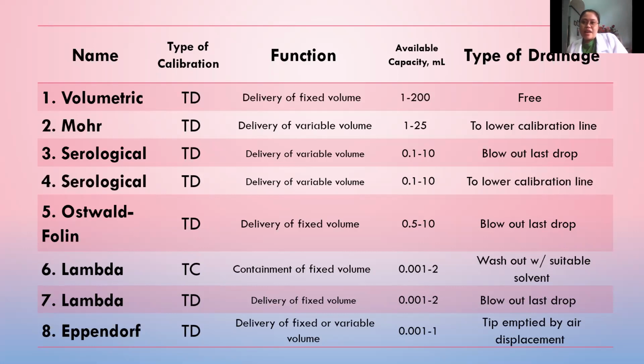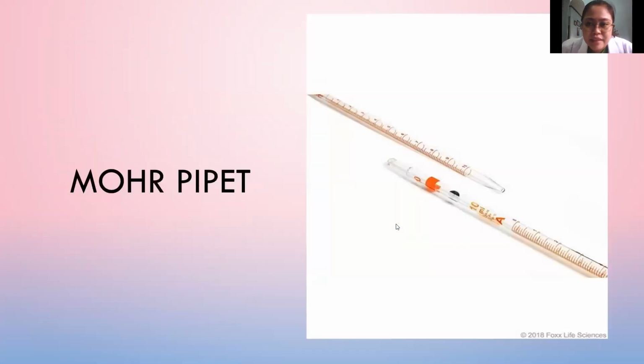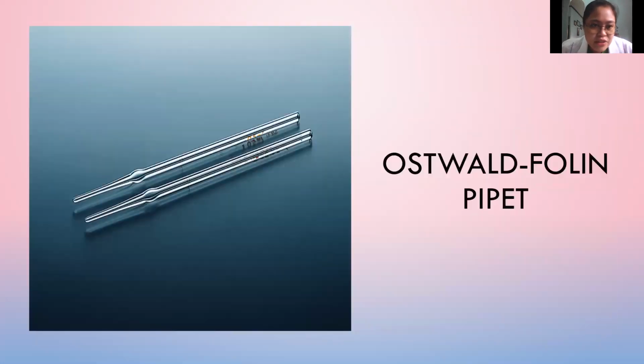Now, just like katong isa ka type sa serological pipette, Ostwald-Folin pipette is also a blowout last drop pipette na type of drainage. So this one is the Ostwald-Folin pipette class. Okay? Wait lang. This one is the Ostwald-Folin pipette.